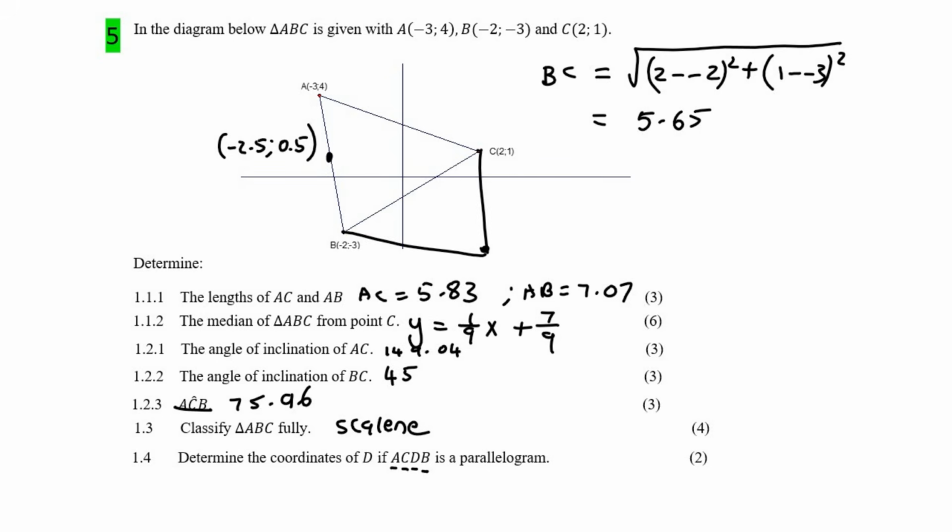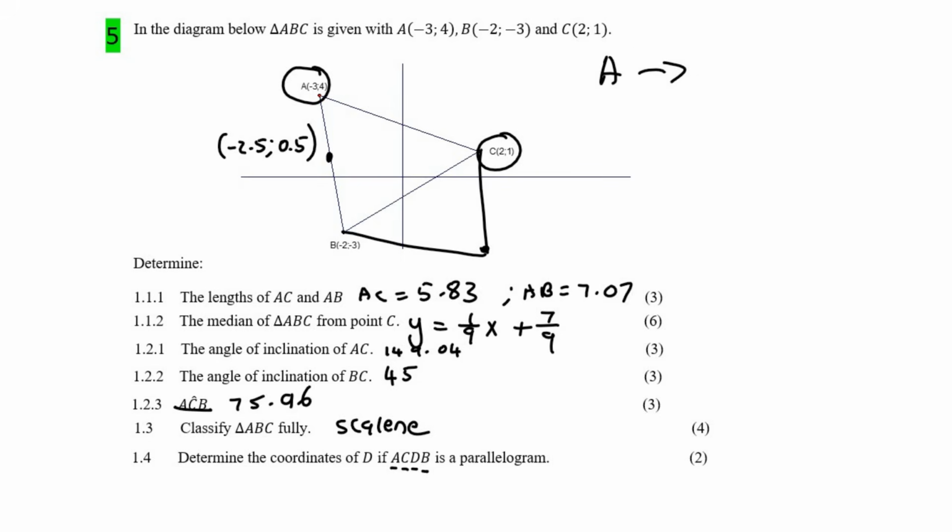So what you do is the following. You're going to look at this coordinate here, and this coordinate here, and see how the x values changed, and how the y value changed when going from A to C. So when we went from A to C, the x values went from -3 to 2.